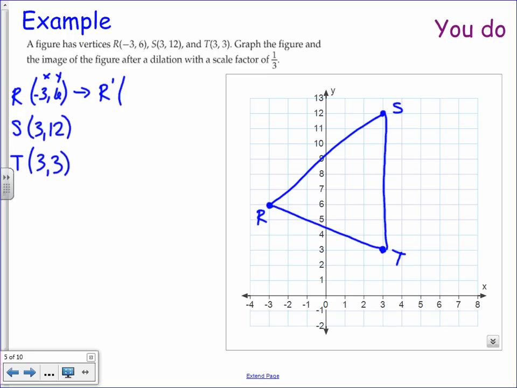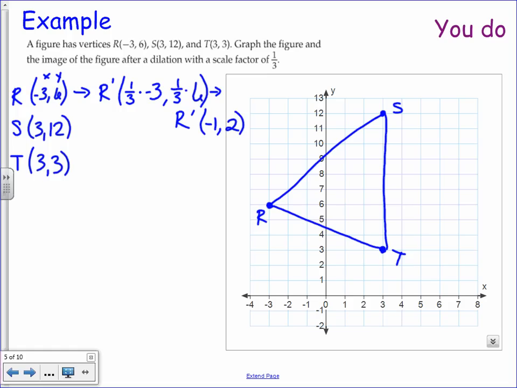If you'd like to write it out, you are free to do that. If you'd like to go straight into what R prime is, 1/3 times -3 is -1, and 1/3 times 6 is 2. Okay, so that's R prime.